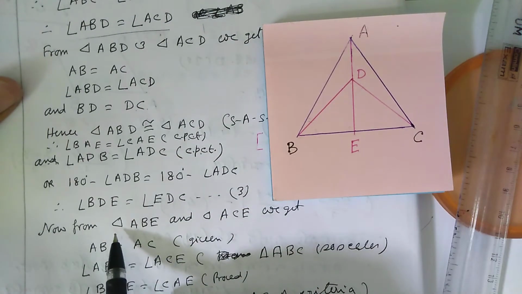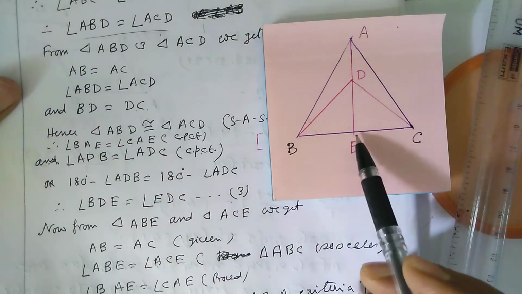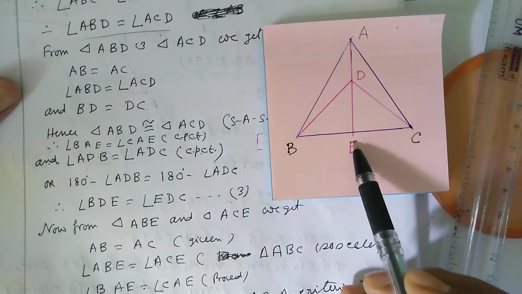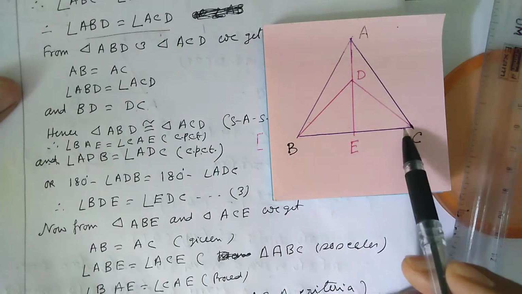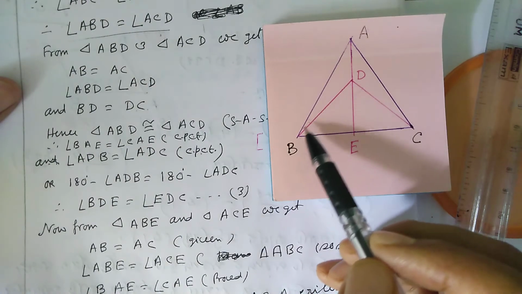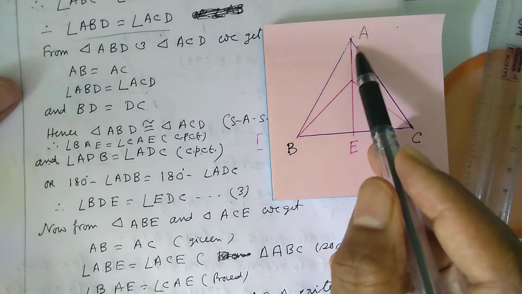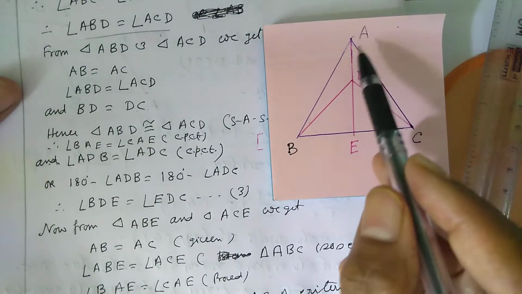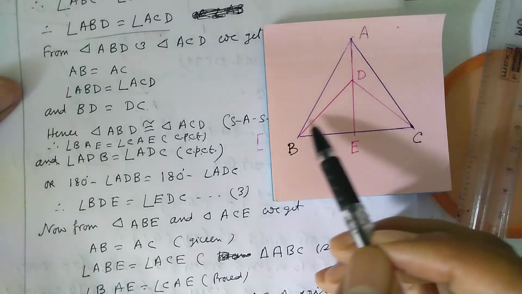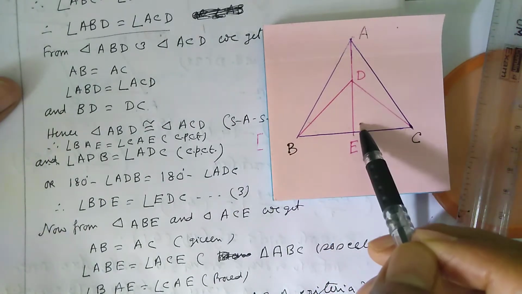Now from ABE and ACE we get AB equals AC and ABE equals ACE, since ABC is isosceles, and BAE equals CAE.